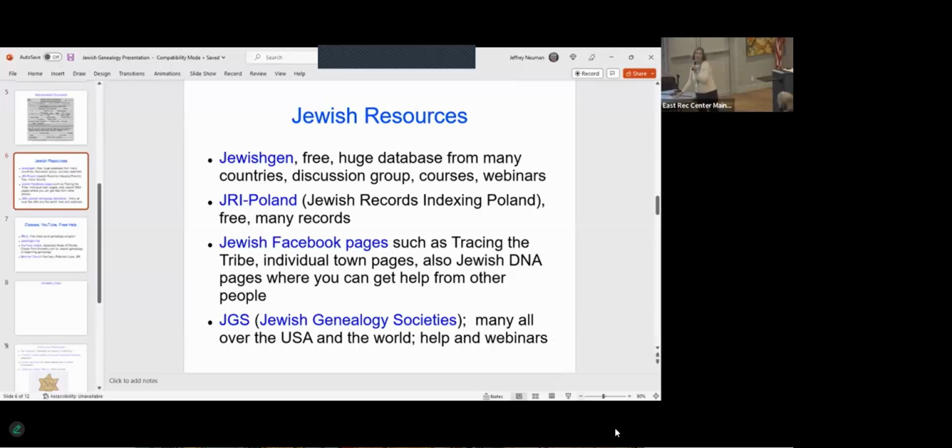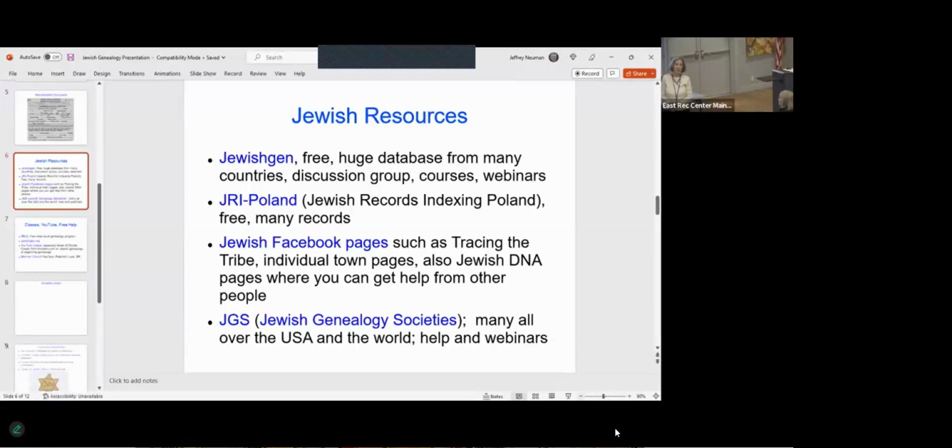Okay. A Yizkor book is a book that lists those who died, when they died, if they know the date, and will list their parents as well.